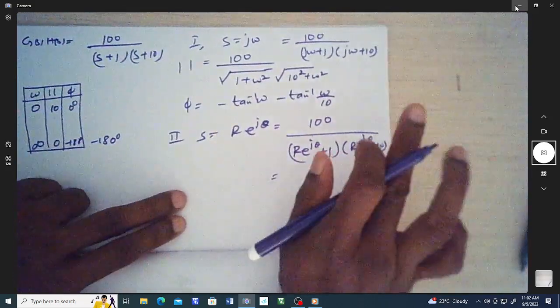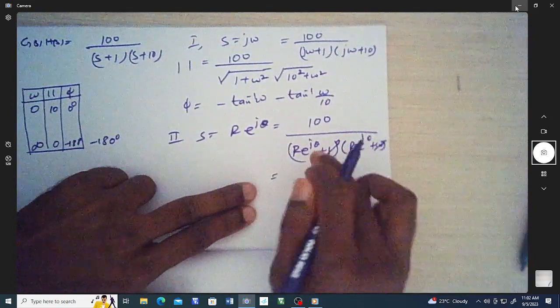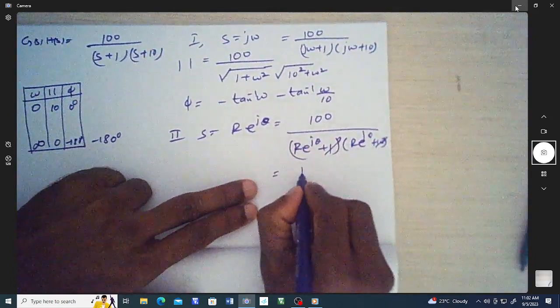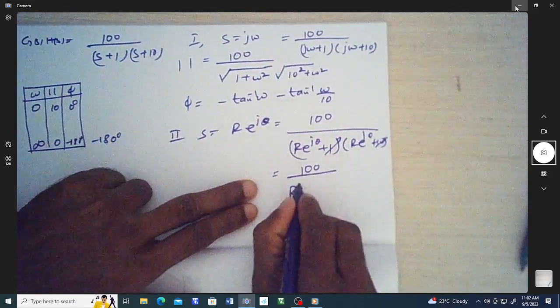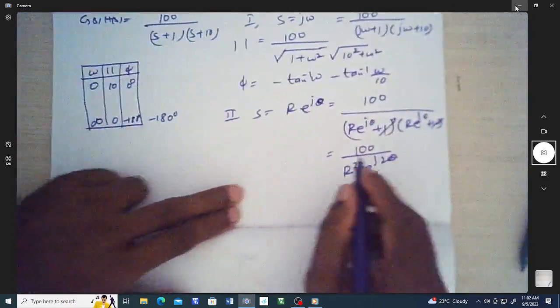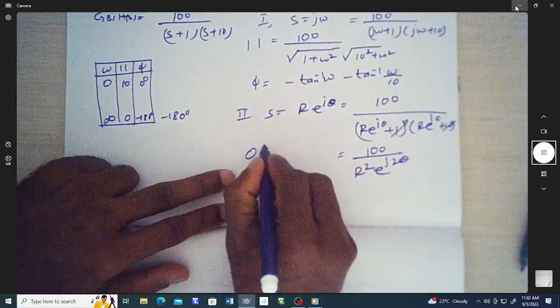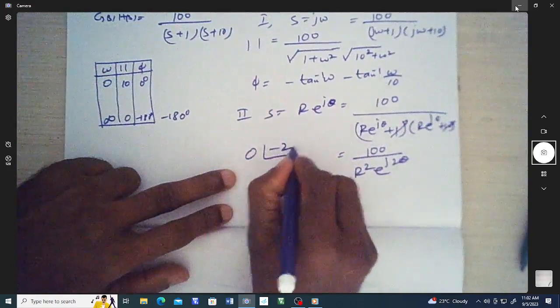Since R is tending to infinity, you can treat these as zeros compared to infinity. So this will become 100 divided by R square e power j 2 theta. If you apply the limit of R tending to infinity, then this becomes 0 with angle minus 2 theta.